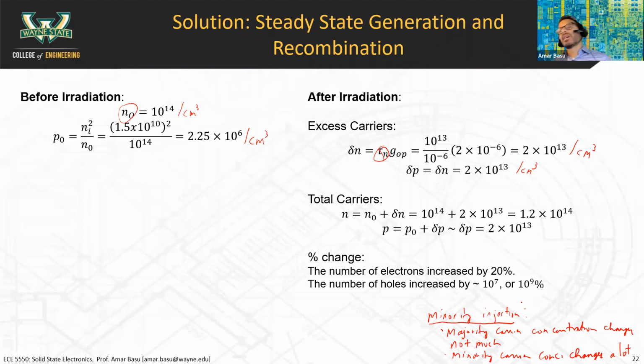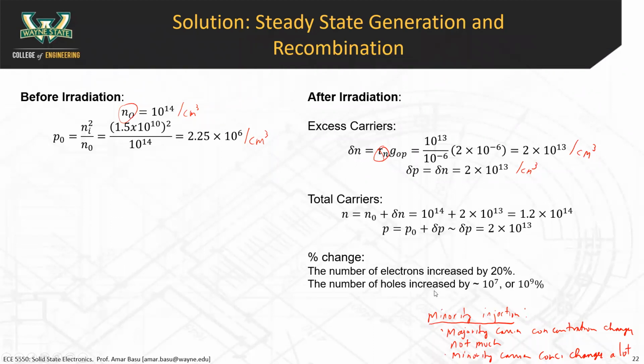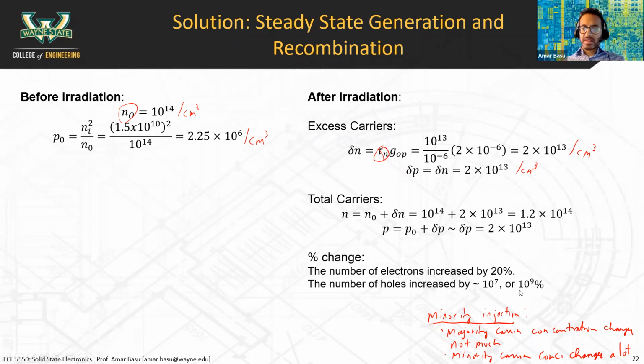Not quite. It's really based on the percentage increase of the electrons or holes. You can see that in this case, the percentage increase of the holes, the minority carrier, changed very significantly, but the majority carrier concentration only changed by 20%.